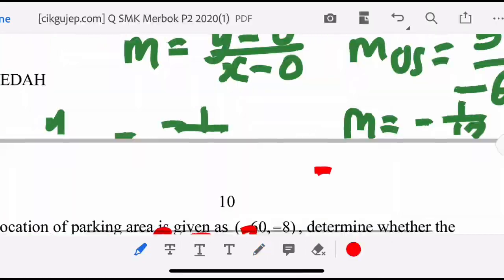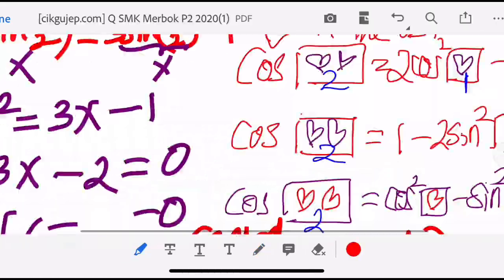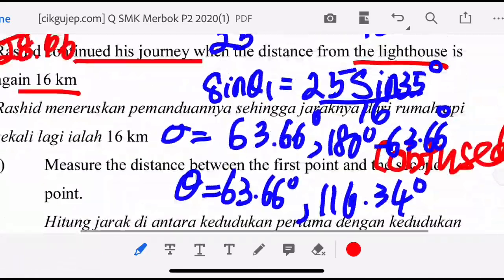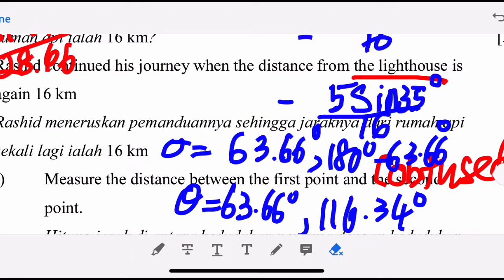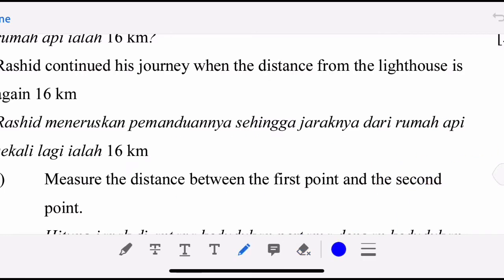Okay, let's see what the question asks. So now, the other part of the story, let's understand the story. Rashid continued his journey when the distance from the lighthouse is again 16 kilometers.